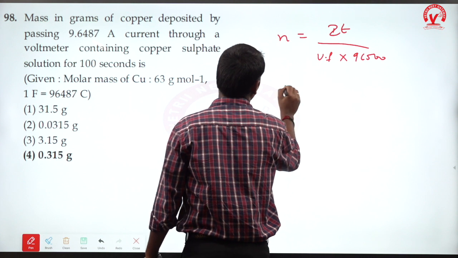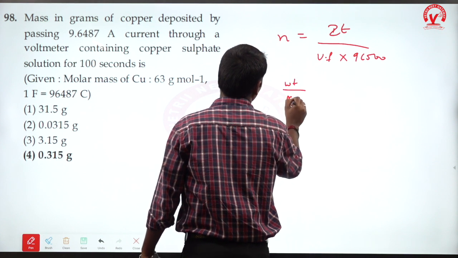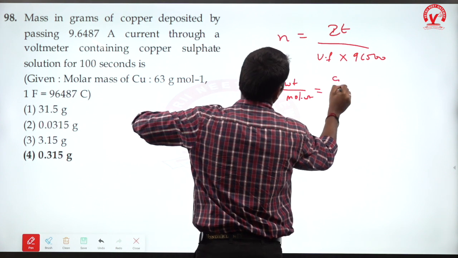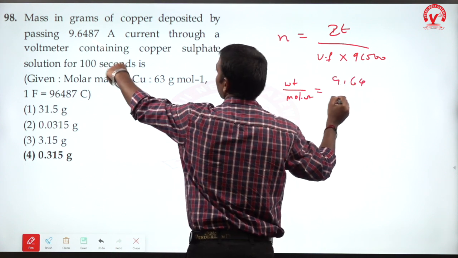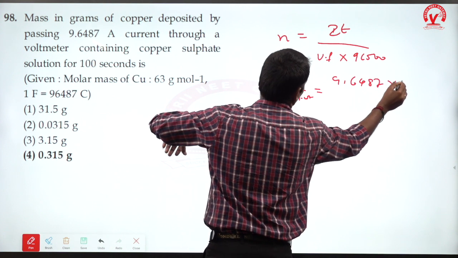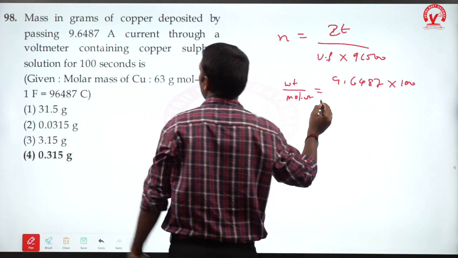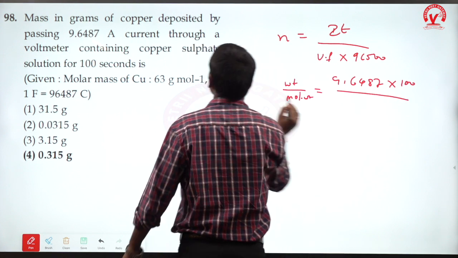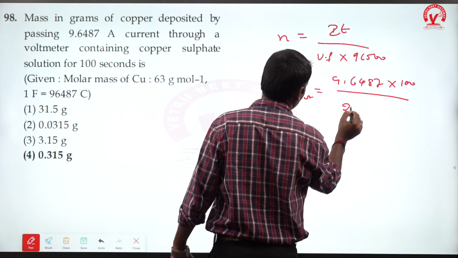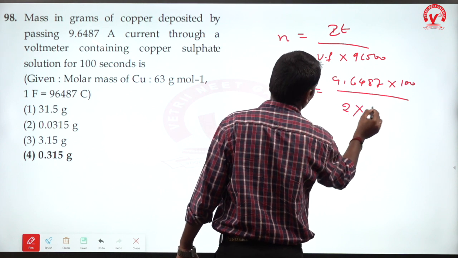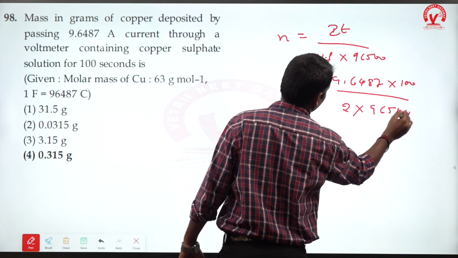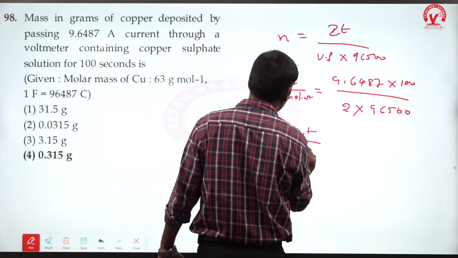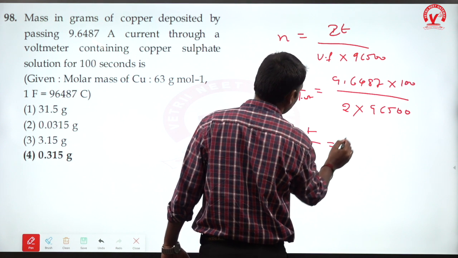So n is equal to weight upon molecular weight, is equal to I value they gave, 9.6487, into time they gave, 100 seconds, divided by valence factor for copper, that is its valency, 2, into 96,500, right?